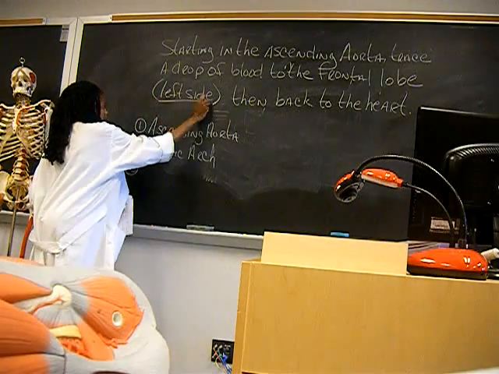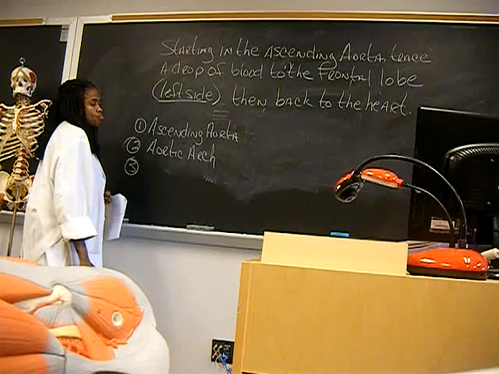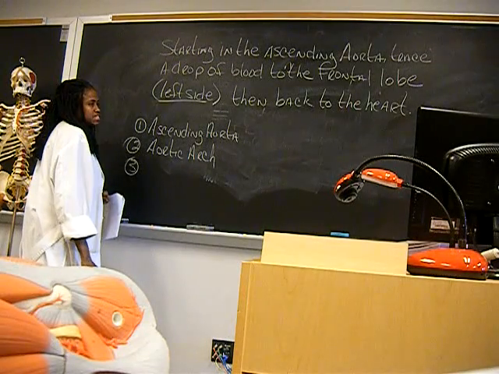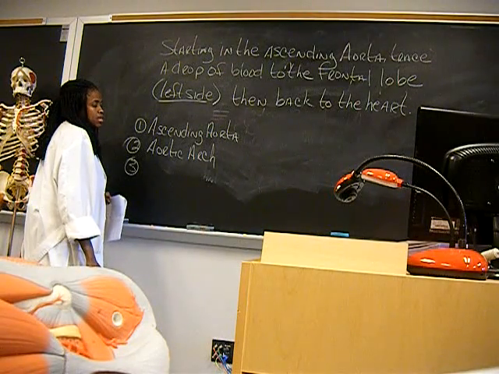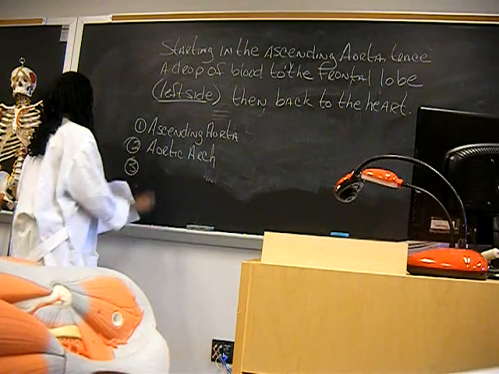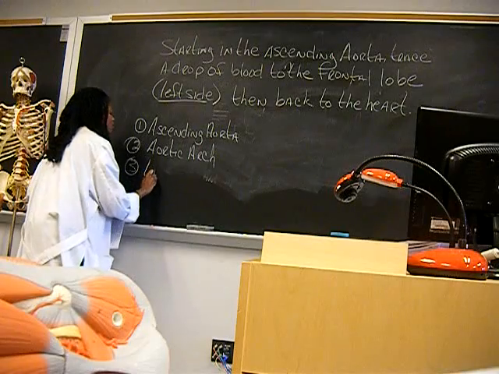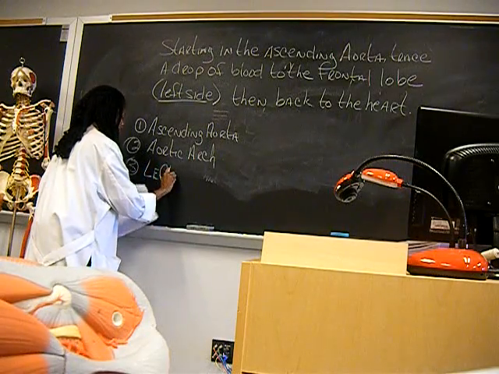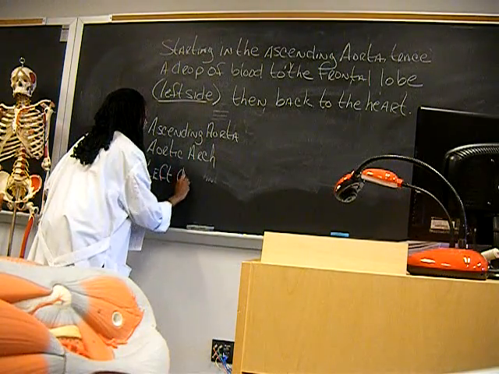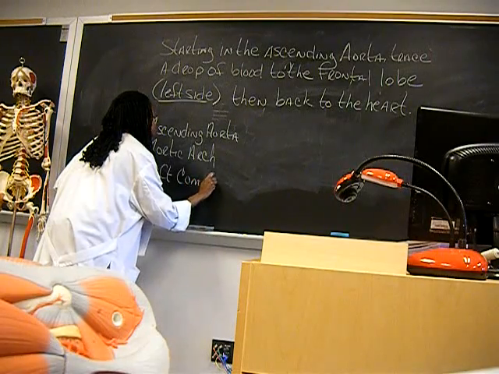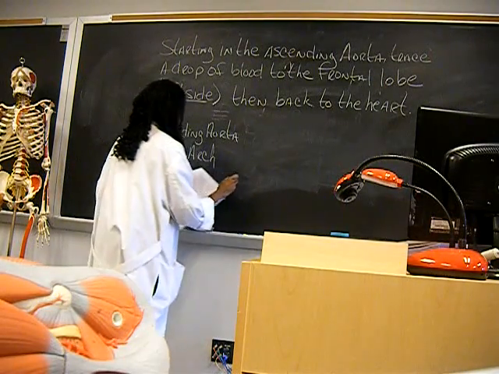Because I said left side. If I had said right side, then you could have done that. Okay, so we're going to come right off the aortic arch with the left common carotid artery.